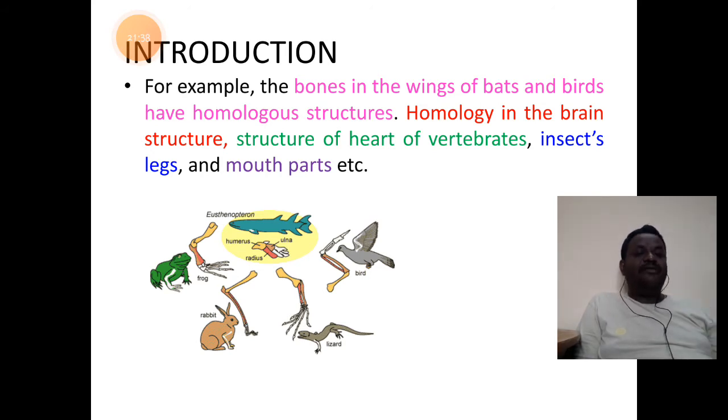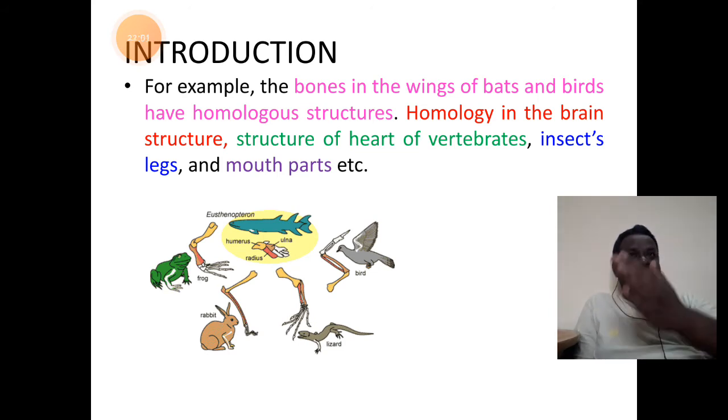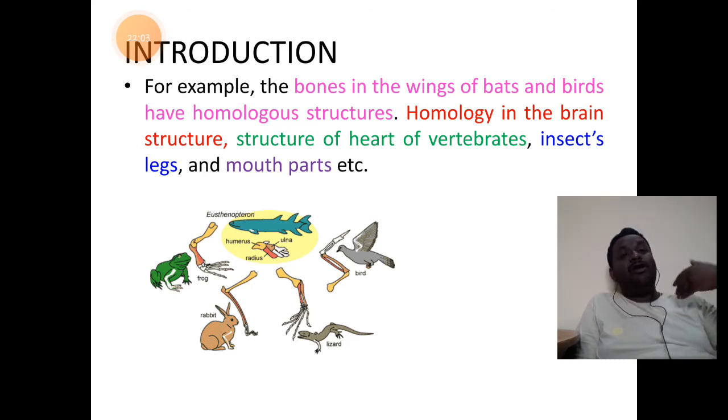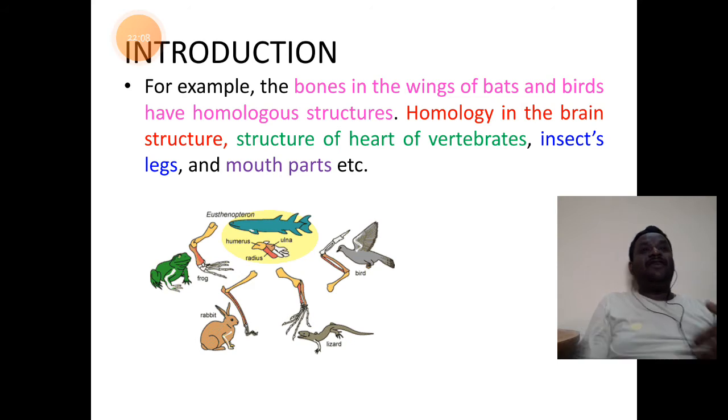So bones of birds and bones of bat both have similar structures, but they differ in their function. The wing of a bird leads to the process of flying, no doubt, but the flight is of a short distance. If it's of a long distance, the arrangement itself is different, and that we find in birds.